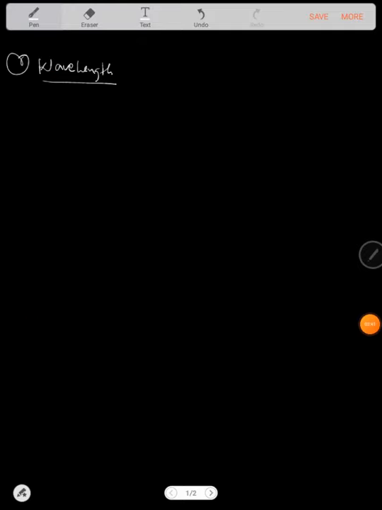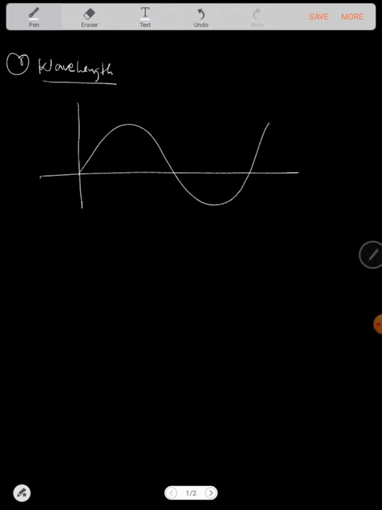Now, what is wavelength? Wavelength is just the distance between two successive crests or troughs. So this is a crest, okay? Then this is a trough. So the distance from here to here, that's wavelength.